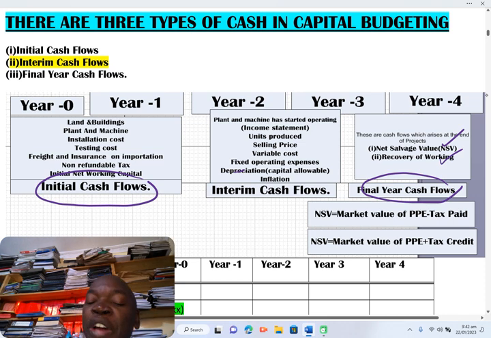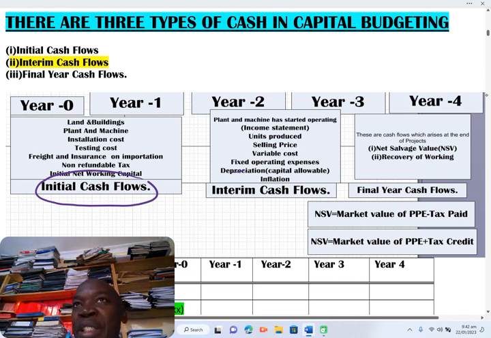Final year cash flows arise when the project is finalizing. If you are finalizing a project, perhaps you will be selling your plant, the motor vehicle, the non-current asset, and once you sell them, you pay tax.